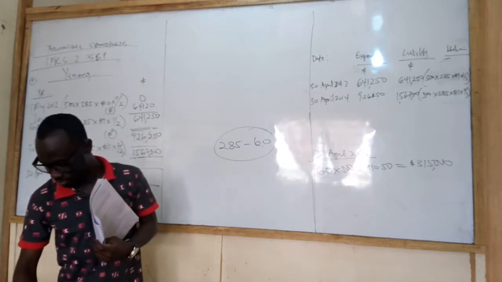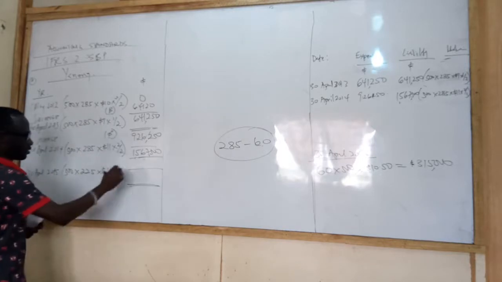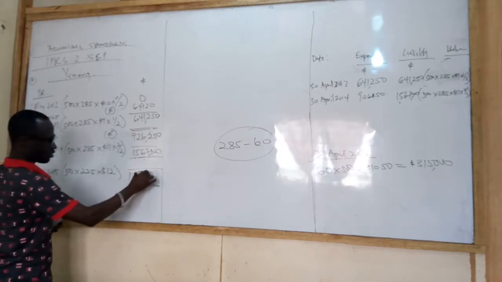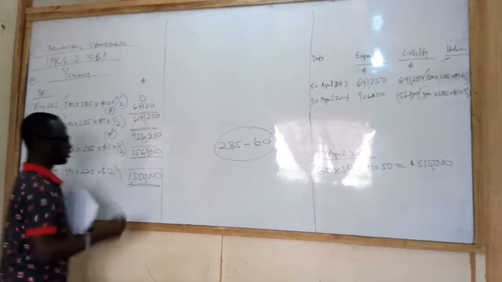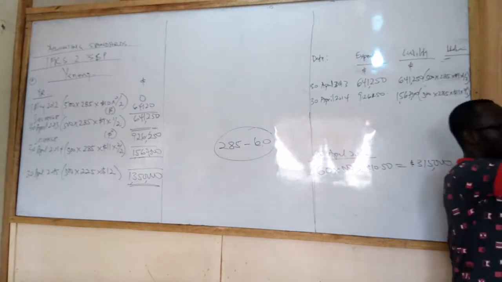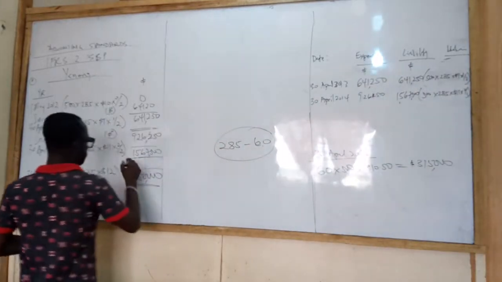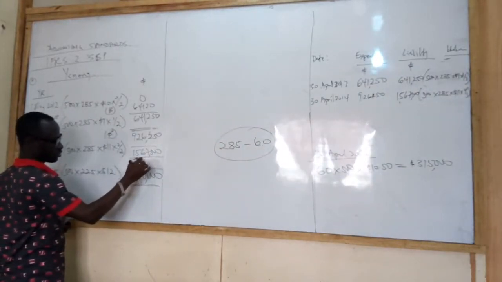I think I did 1,350,000. 1, 3, 50,000. Can I have the difference? 217,500.